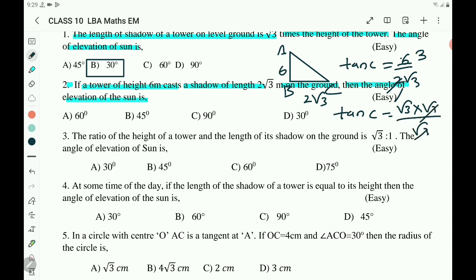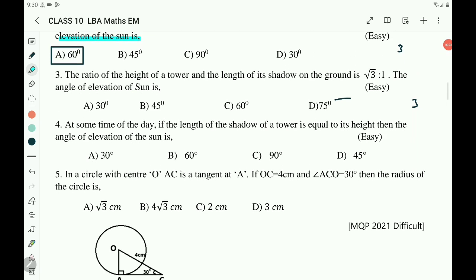You can cancel root 3, root 3. So you get tan C is equal to root 3. Tan 60 is root 3. You know that. Then angle C is equal to 60 degrees. That is the angle of elevation. Angle of elevation is nothing but angle C, the angle between the line of sight and the horizontal line. Here we got the angle of elevation of the sun, which is equal to 60 degrees.